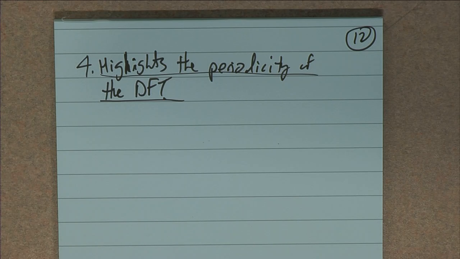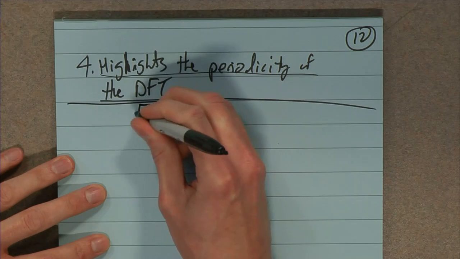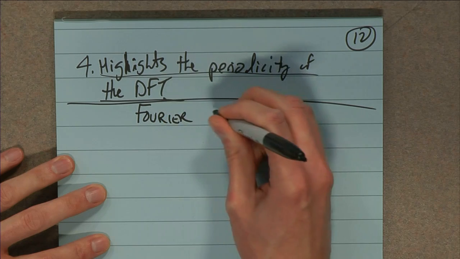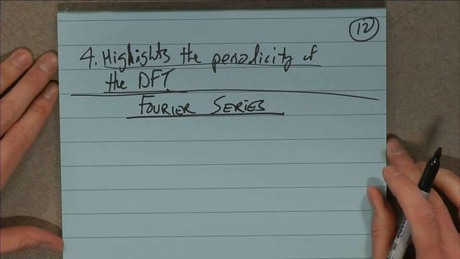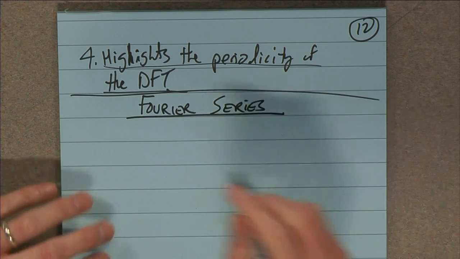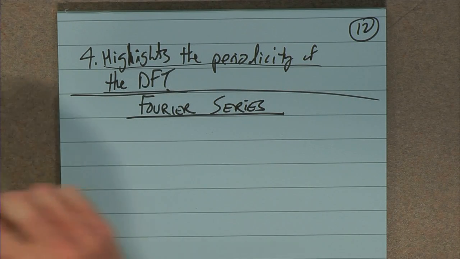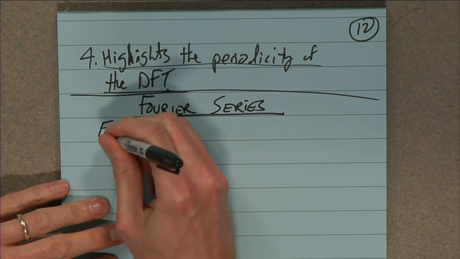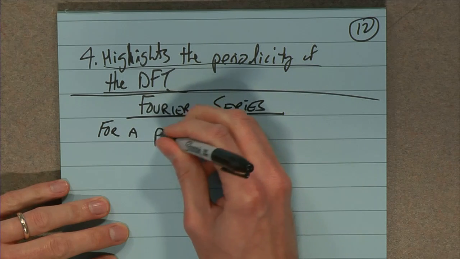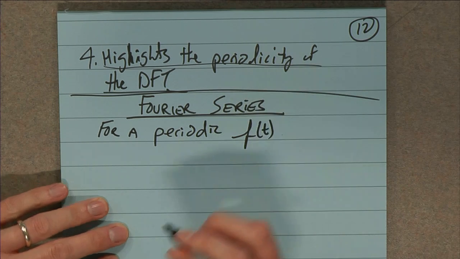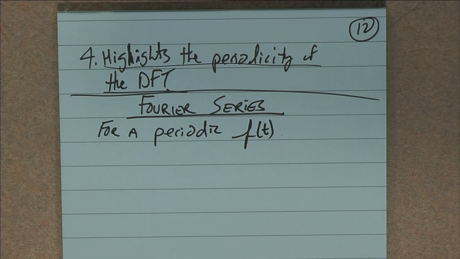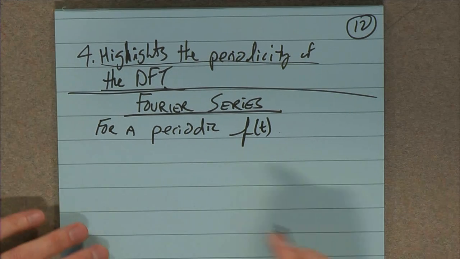So to start off, let's begin with the Fourier series, just a reminder of how that worked. We'll start with continuous time and work our way to discrete. For a periodic function f of t, which is continuous, we had a certain form for the Fourier coefficients.